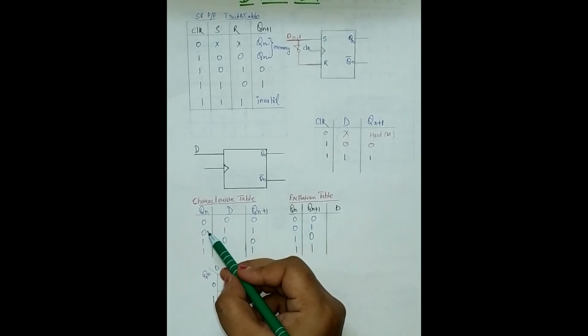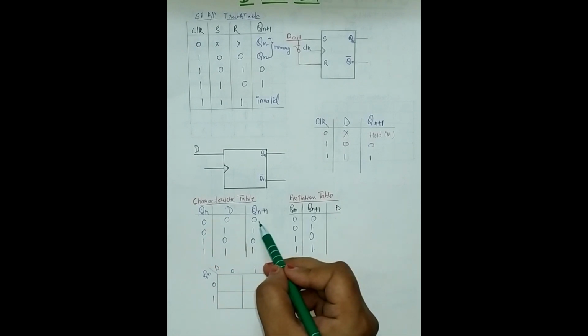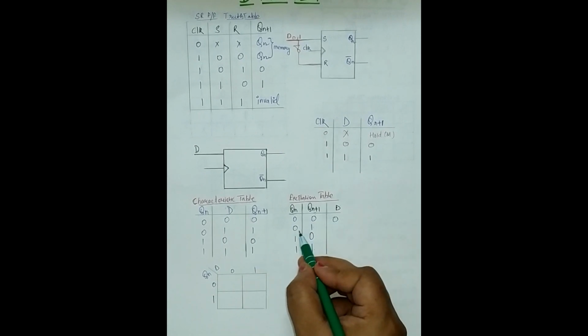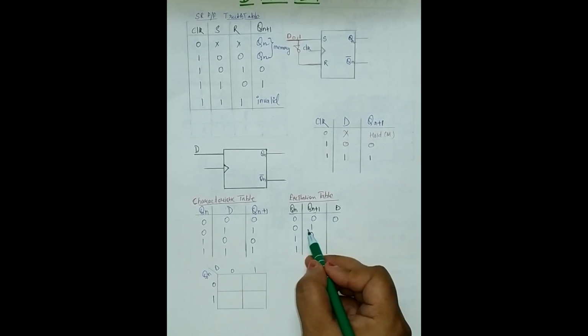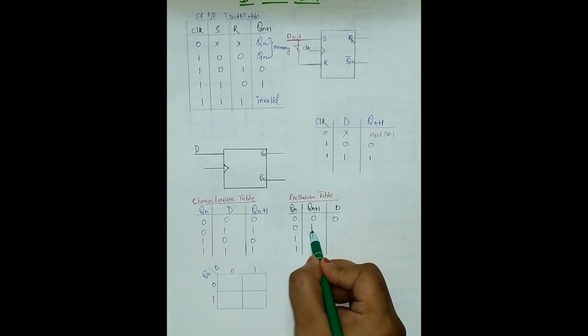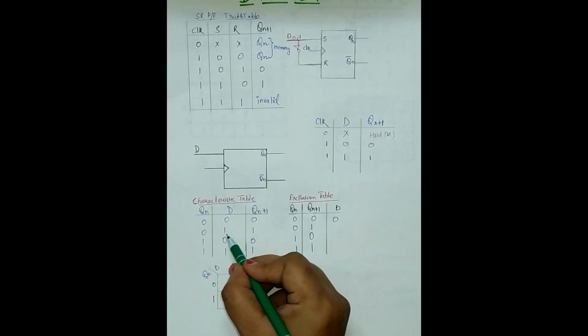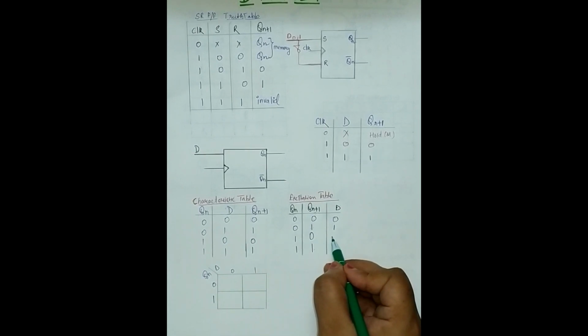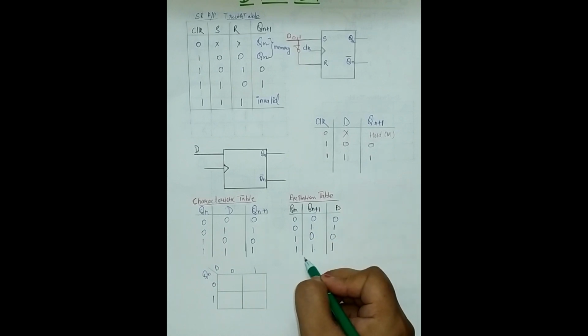When Qn is 0 and Qn plus 1 is 0, the value of D is 0. Similarly, when Qn is 0 and Qn plus 1 is 1, the value of D is 1. In that way you can prove it, or directly write it. So this is my excitation table.